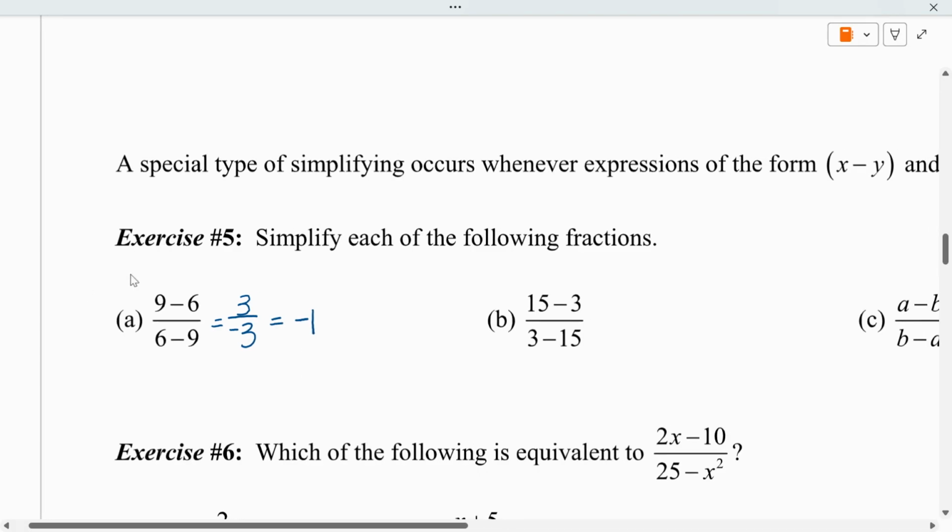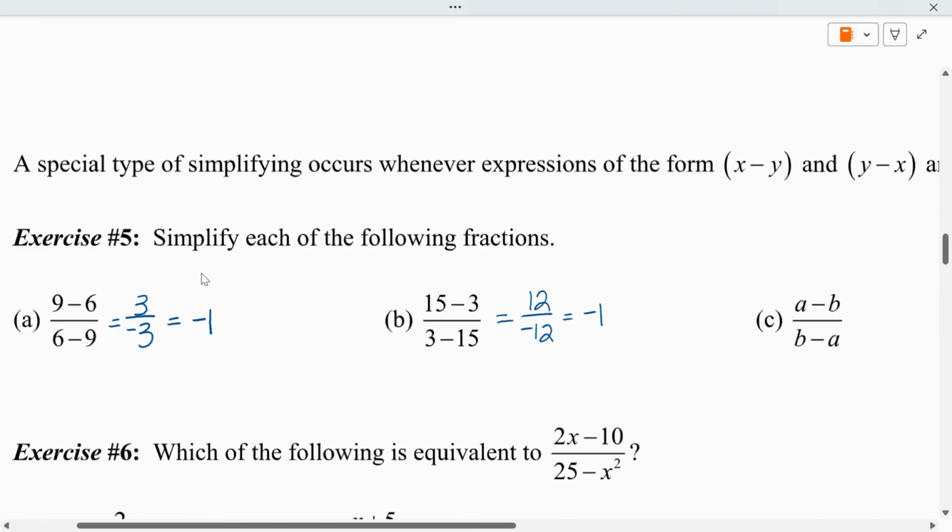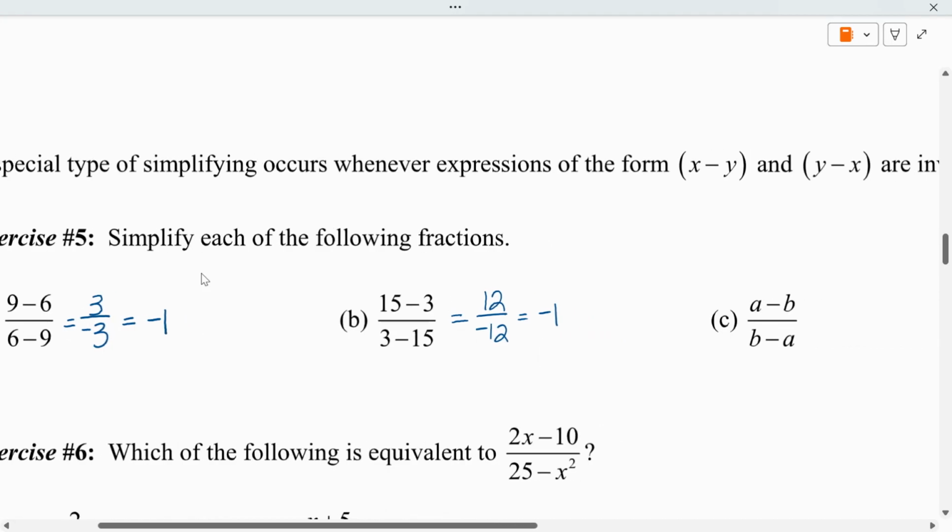Okay. What is 15 minus 3? What's 3 minus 15? What does that reduce to? What is A minus B over B minus A? Well, if A was 15 and B was 3, what would it be?